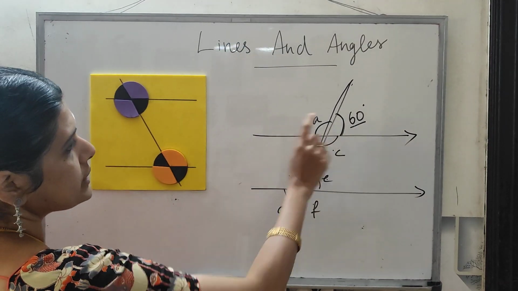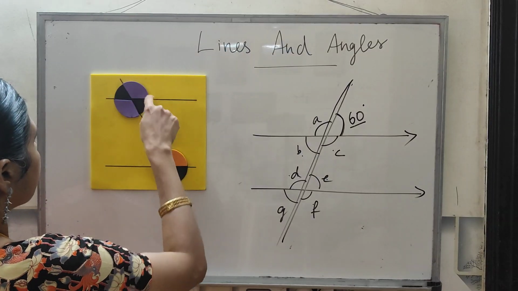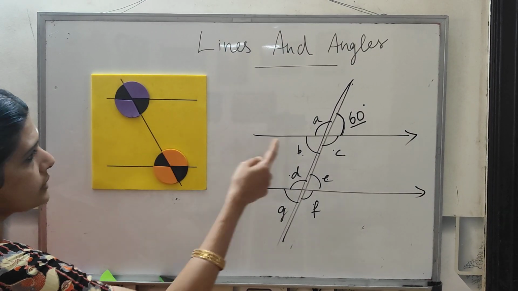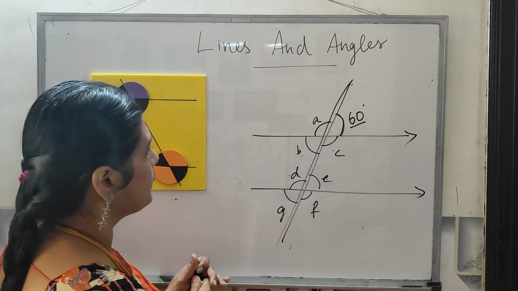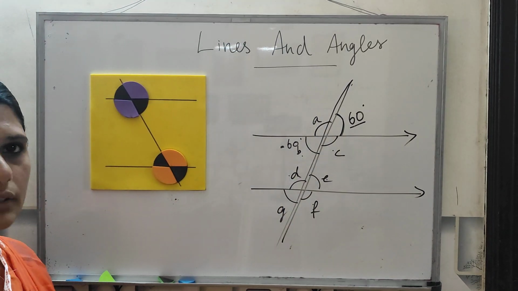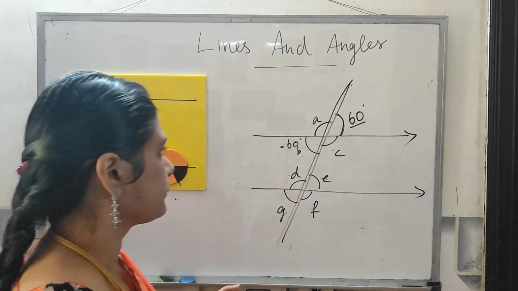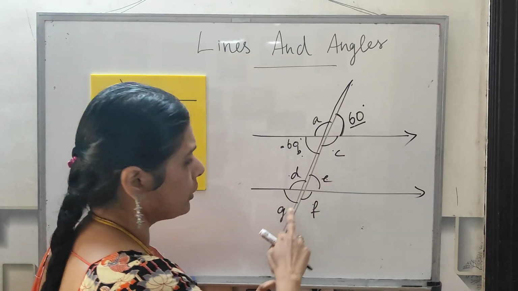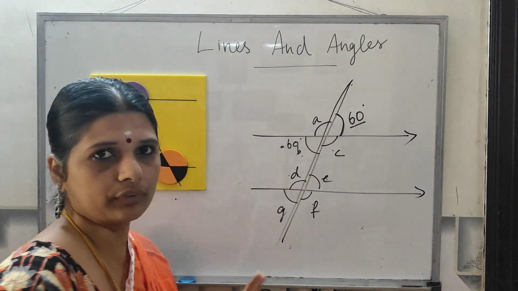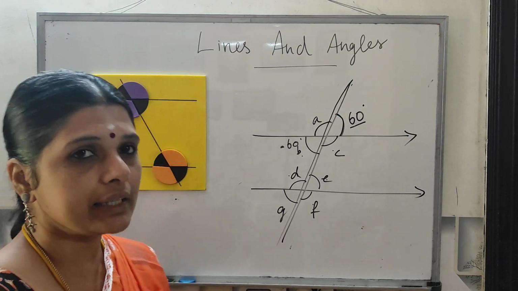See this diagram? 60 degree is there. So what is this angle? It is 60 degree. So what is this here then? This angle is also 60 degree, right? So I got B equal to 60 degree. You got it now? Alright. So E is equal to G, A is equal to C and D is equal to F. Vertically opposite angles are equal.